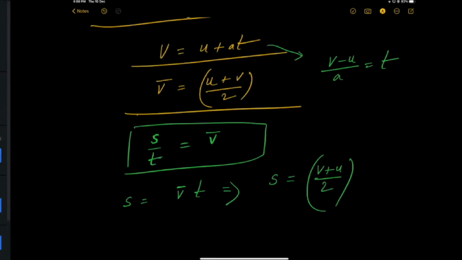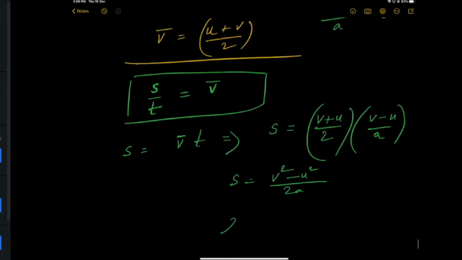If I send u to the left hand side and send a down, you'll get t equals v minus u by a. So you'll get v minus u by v minus u by a here. So what will you get? s equals v square minus u square, because a plus b into a minus b is a square minus b square, by 2a. So we conclude that 2as equals v square minus u square.